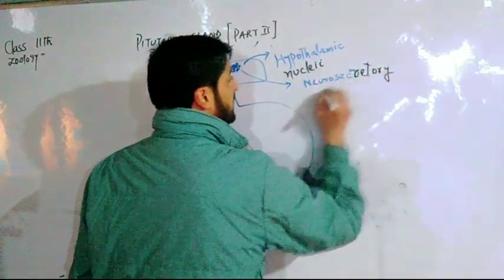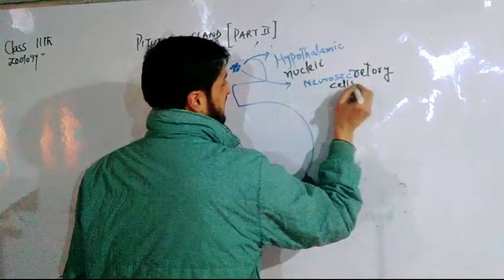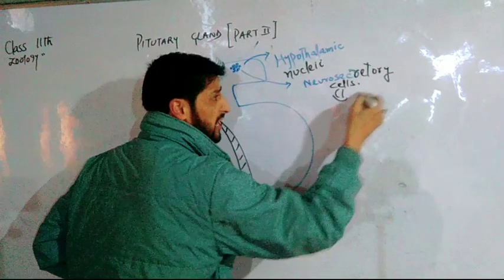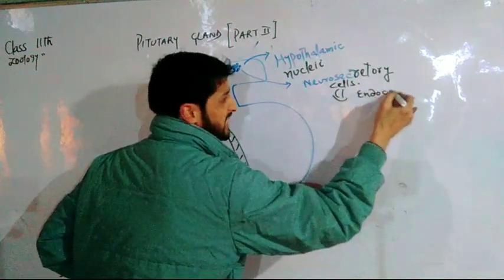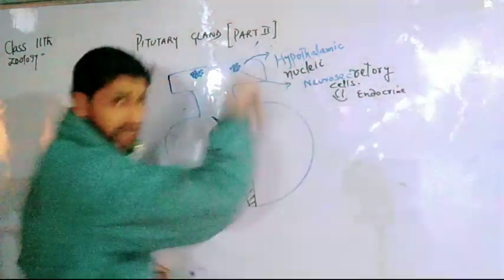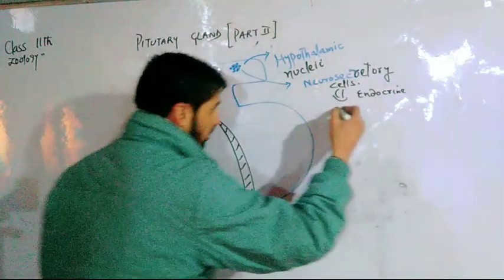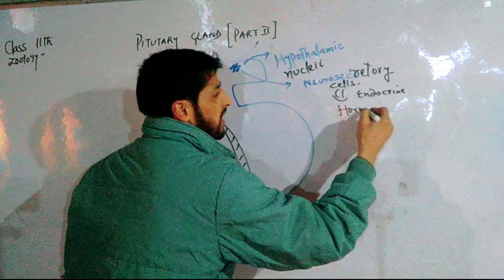In the hypothalamus, there are neurosecretory cells. These neurosecretory cells have a special endocrine role. They are nerve cells, neurons, but they have a special endocrine role: they also produce hormones.